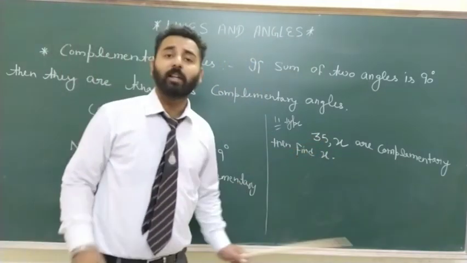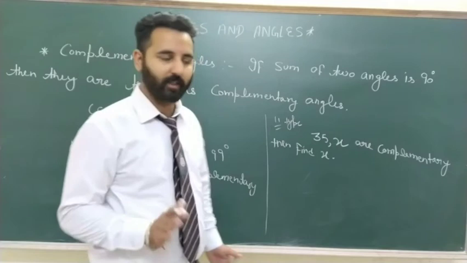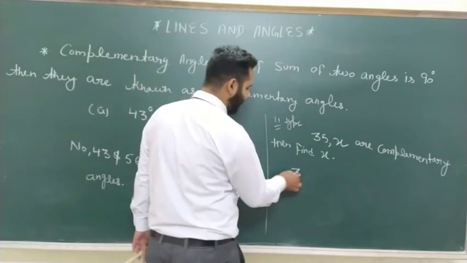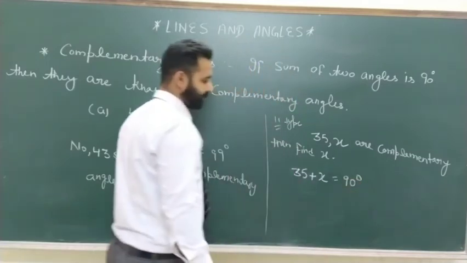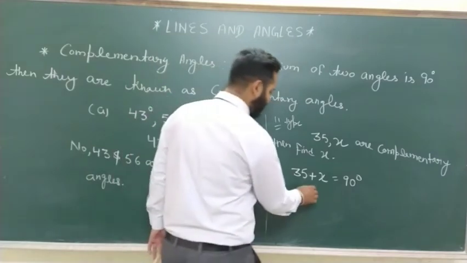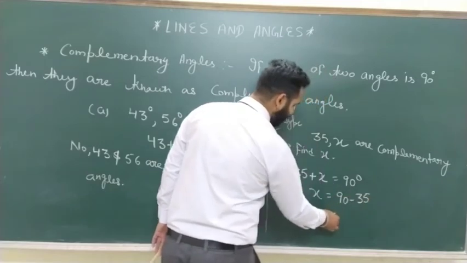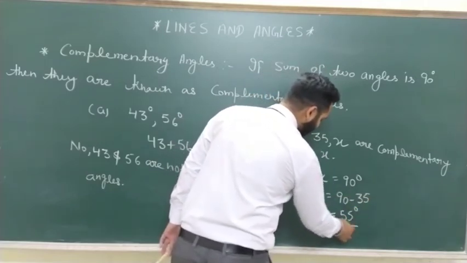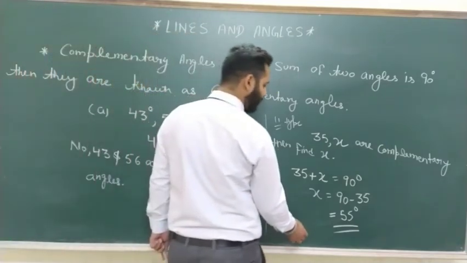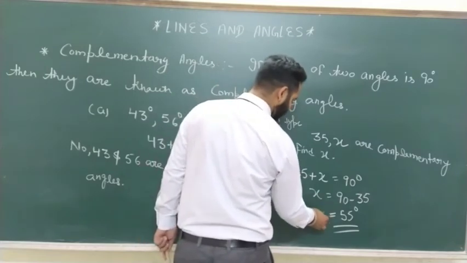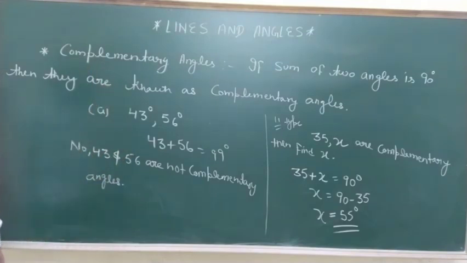See, we know if they are complementary angles, then it's obvious that their sum is equal to 90 degrees. So we will write it like this: 35 plus x is equal to 90. So x will be 90 minus 35. The answer becomes 55 degrees. So the value of x is 55 degrees. So these are the two types of questions which can come on the basis of complementary angles.